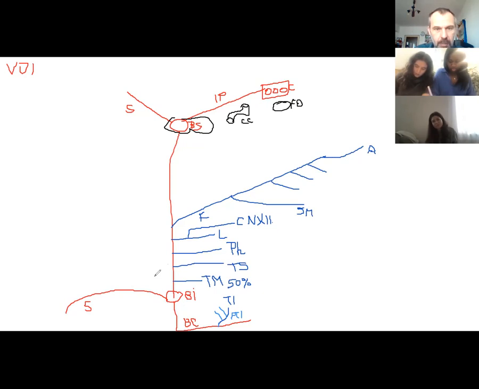Well, now it's getting more complicated. Here we have the external jugular vein. And the external jugular vein originates quite strangely from posterior auricular.